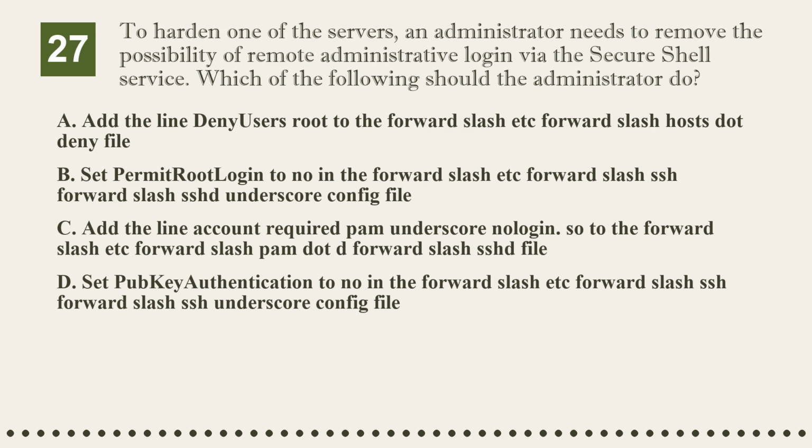Question 27. To harden one of the servers, an administrator needs to remove the possibility of remote administrative login via the secure shell service. Which of the following should the administrator do? Option A, add the line deny users root to the /etc/hosts.deny file. Option B, set PermitRootLogin to no in the /etc/ssh/sshd_config file.